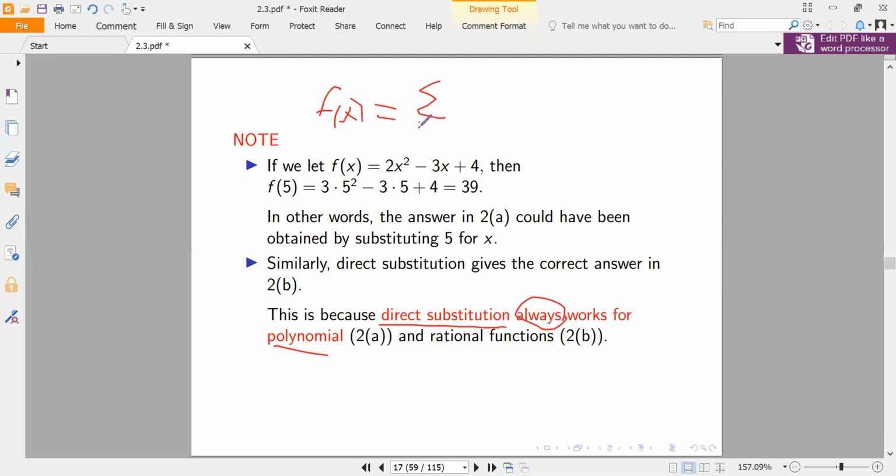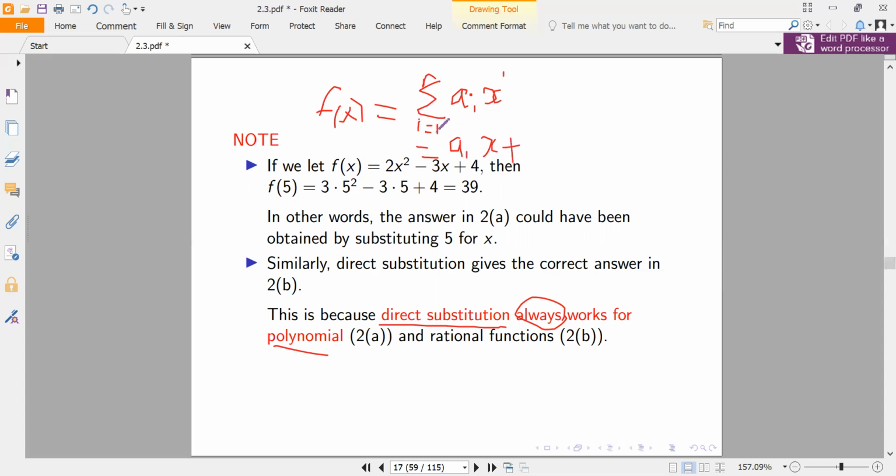Let's say i starts from 1 until n of a_i x to the power i. This is a summation, which means addition. So if i is 1, we get a1 x to the power 1.